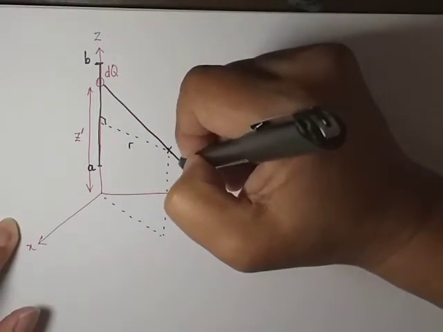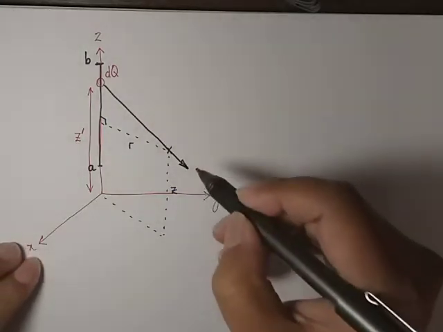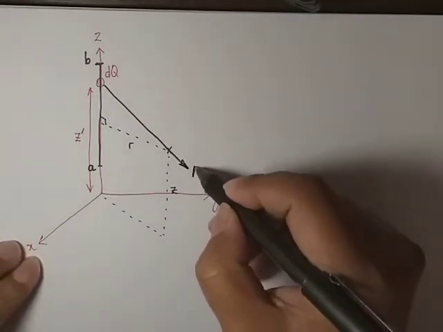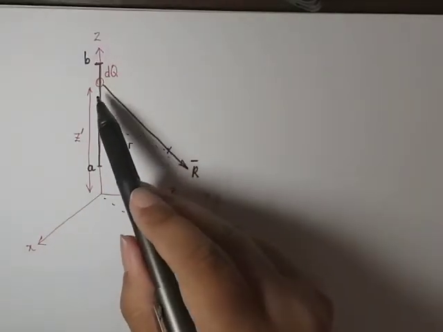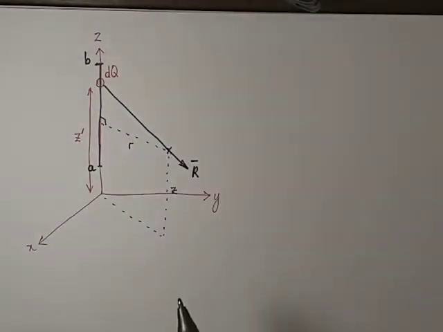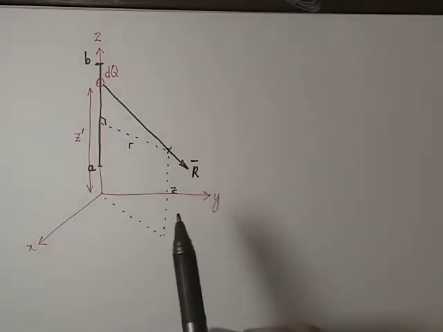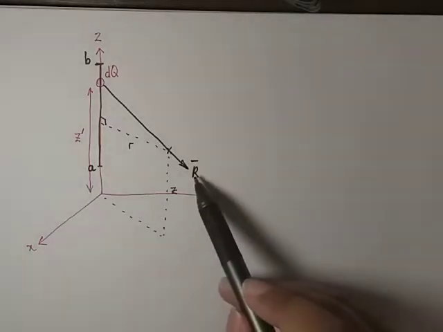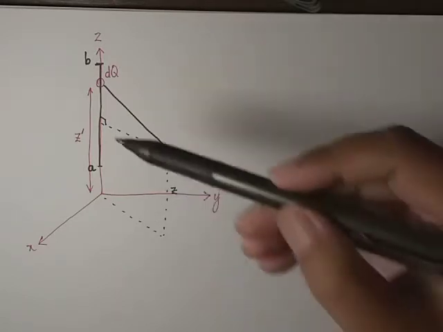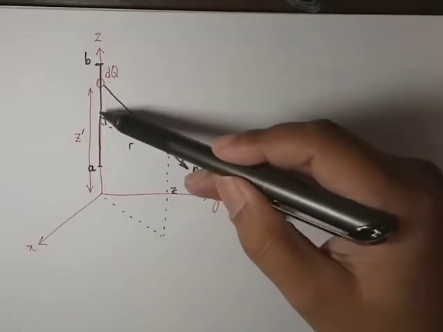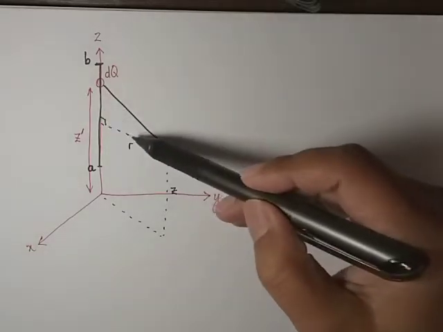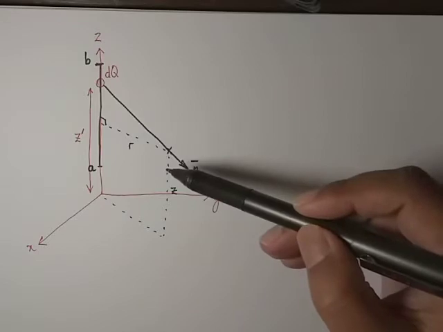So this is what we're going to define as our vector R. Vector R should be from the sample to the E location. From the diagram, I'm not memorizing, I'm defining from the diagram, I can see this vector R can be defined by two components. One component is this vertical component, which is the Z component. The other component is the horizontal component, which is the R component of the cylindrical coordinate.